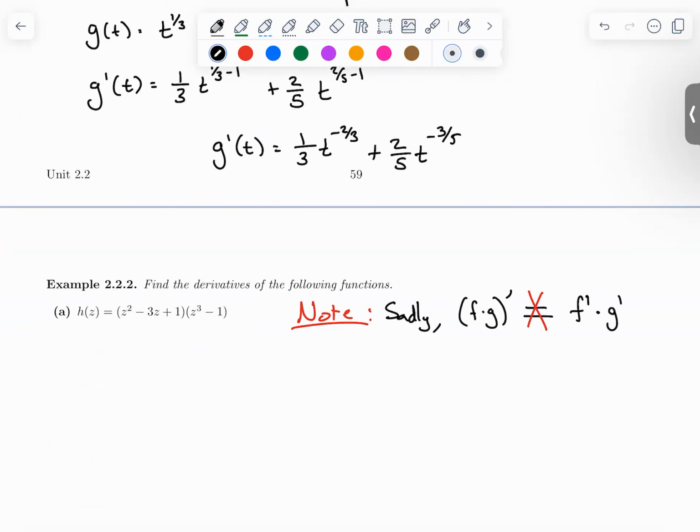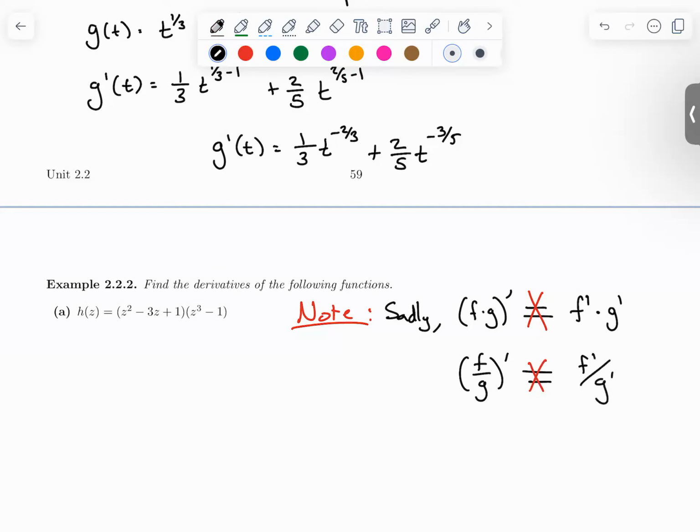With limits, the limit of a product was the product of the limits, right? You could go backwards and forwards. That is not true when it comes to derivatives. Derivatives don't work as nicely. And similarly, the derivative of f divided by g does not equal f prime over g prime.